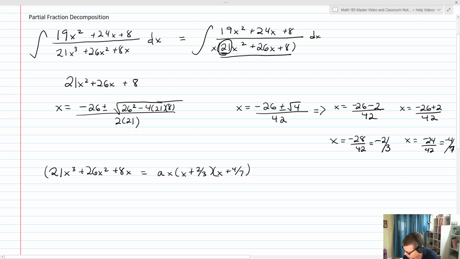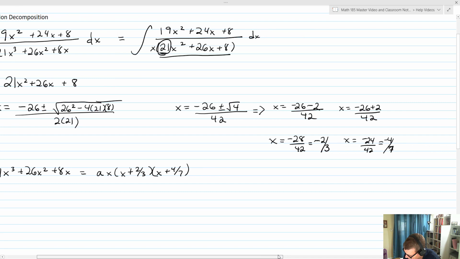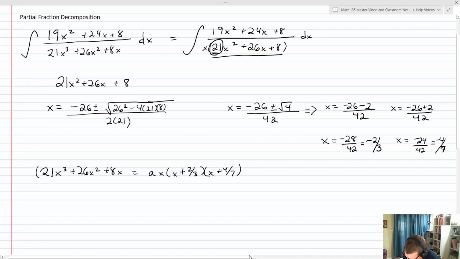That's just adding in those linear terms for my factors, the x plus 2/3 and the x plus 4/7. And that a has to be 21. So this is going to end up equaling 21 times x plus 2/3 times x plus 4/7.